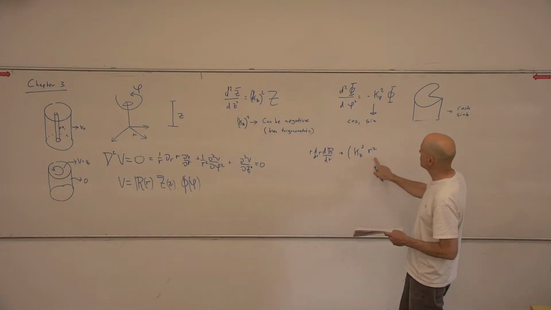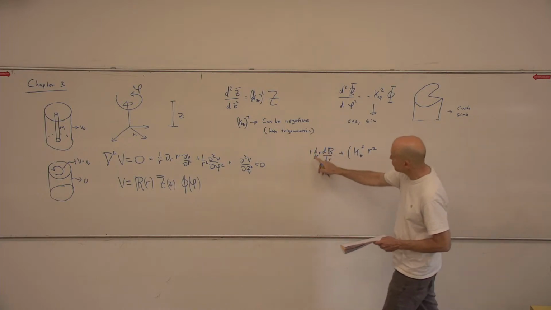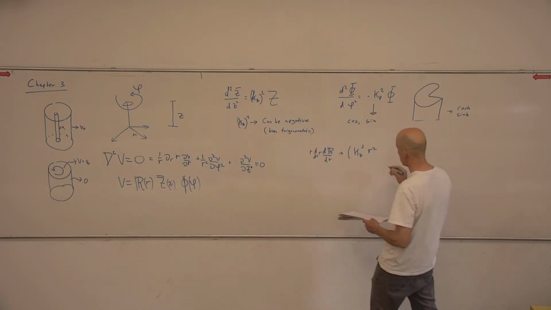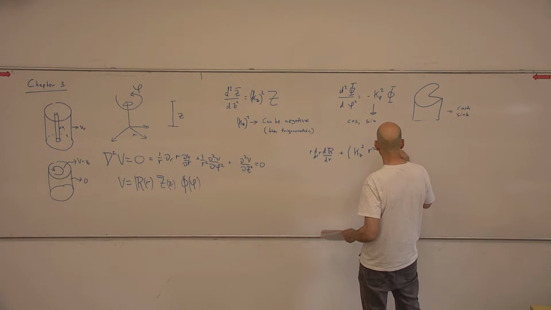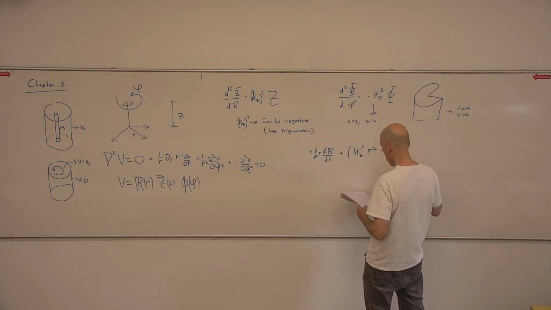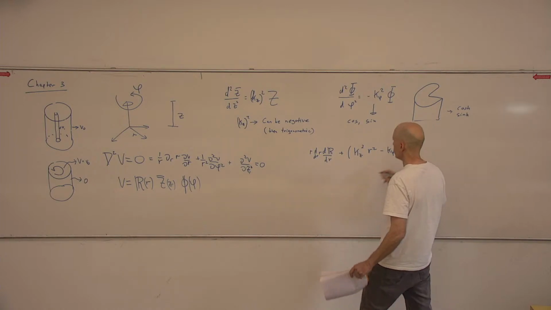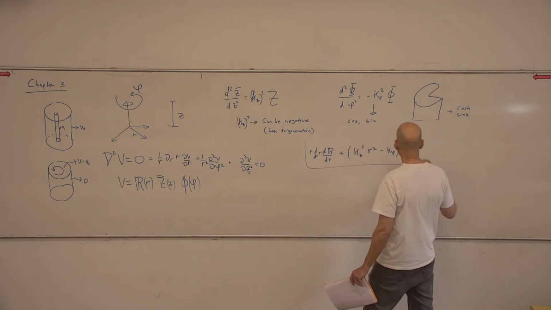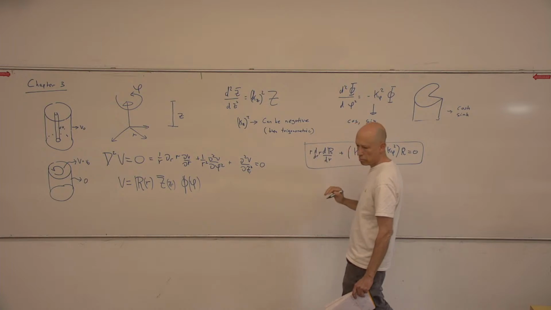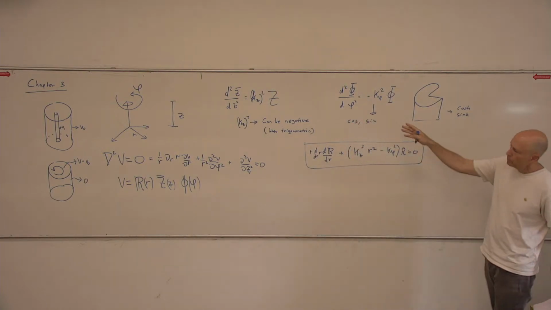Remember, this is dimensionless, and this is also dimensionless, so I played a little bit with this equation. Minus chi phi squared, times R equals 0.